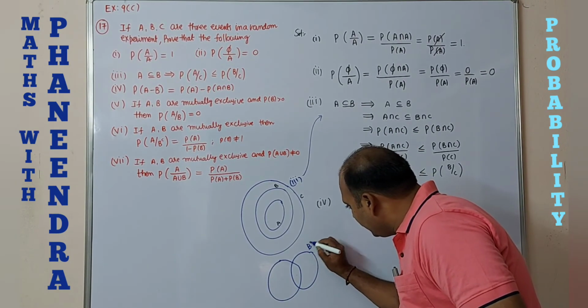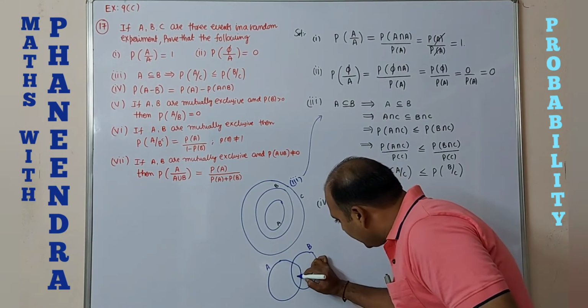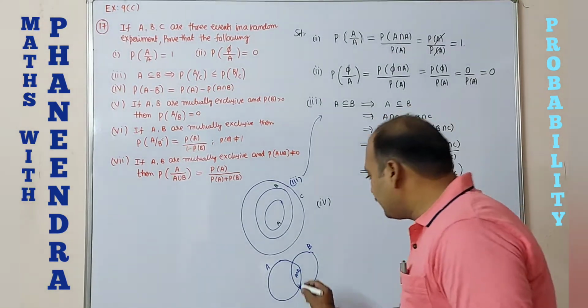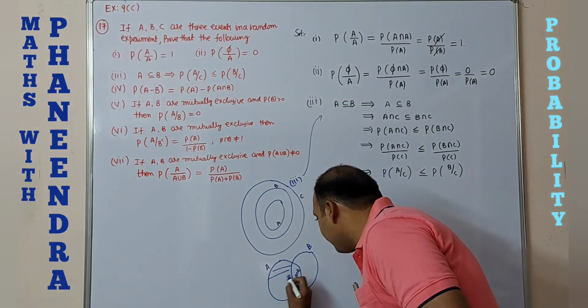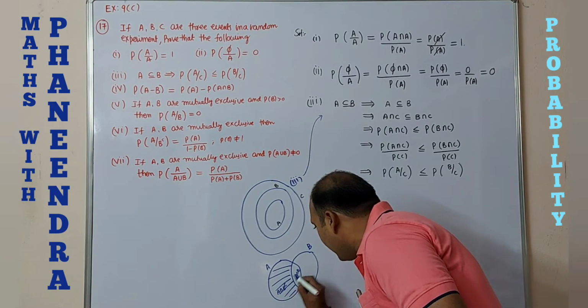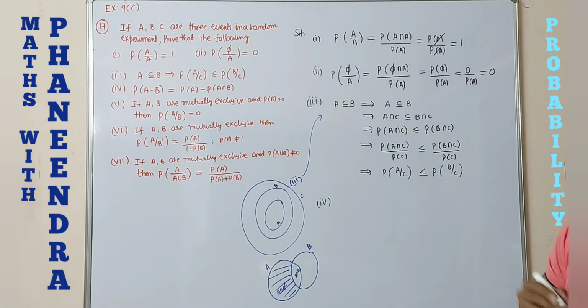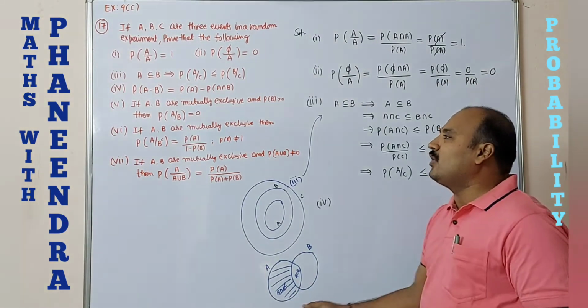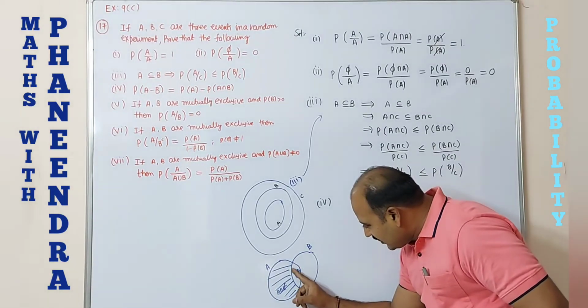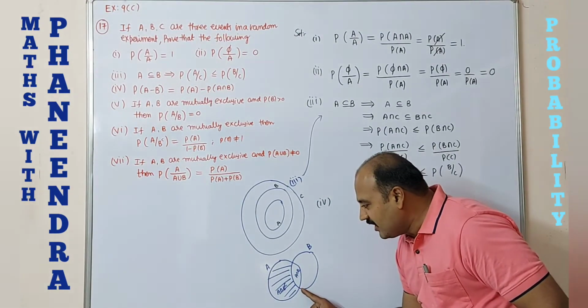So this is B, this is A, this is A intersection B. This part is A intersection B complement, or A minus B only. Why? Because this is completely A, and in that we are subtracting B. So A minus B.